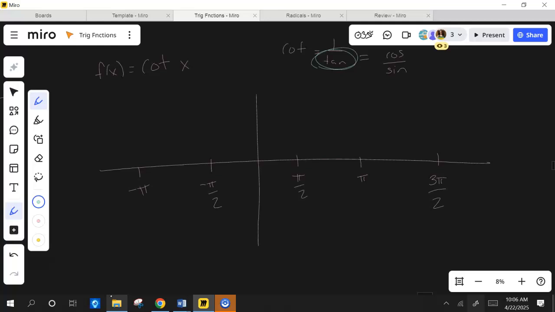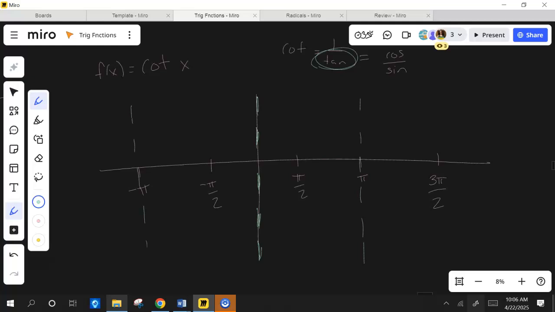So what happens at pi over 2, tangent's undefined. So it's going to have a point, but at 0, tangent, so I'm going to have an asymptote here at 0. Then again at pi, so it's happening at every whole pi.